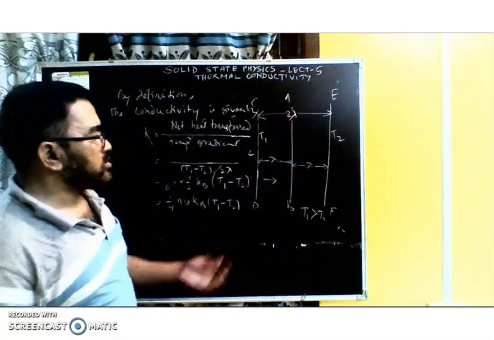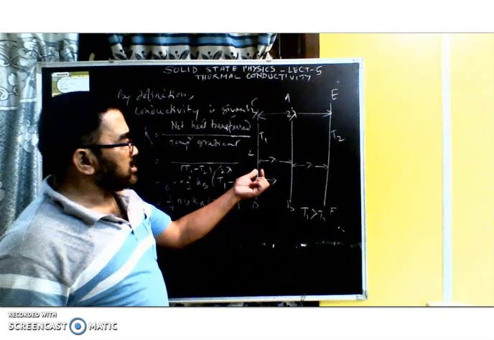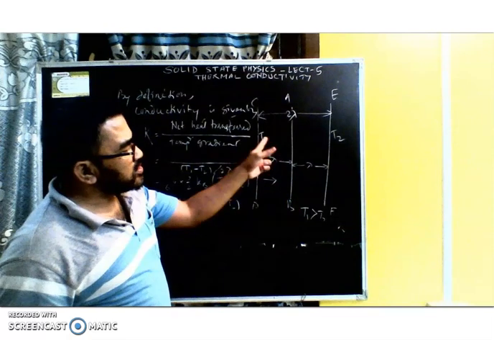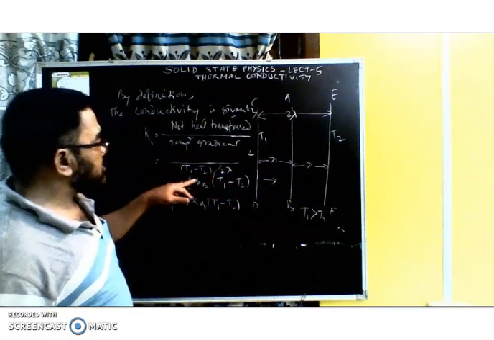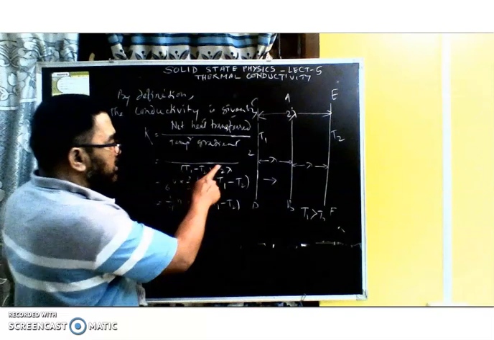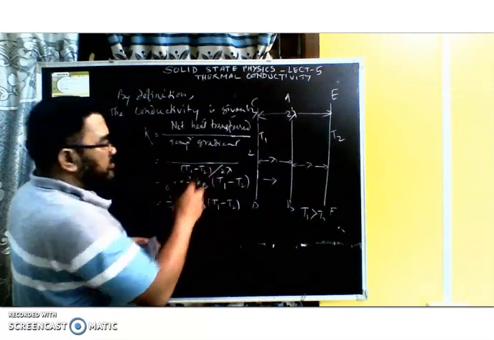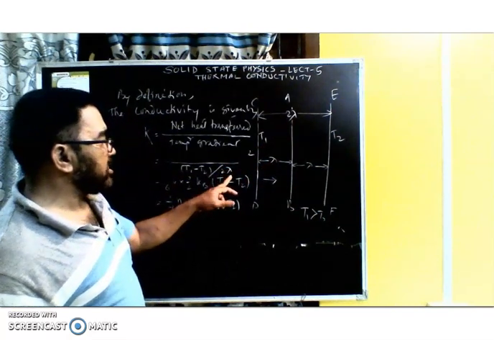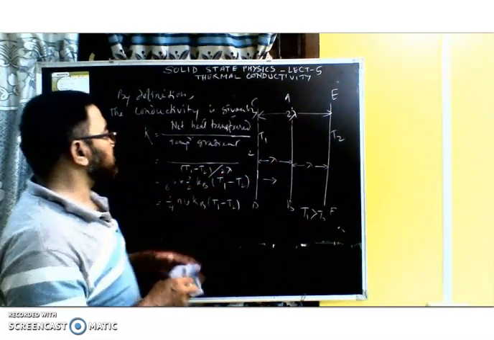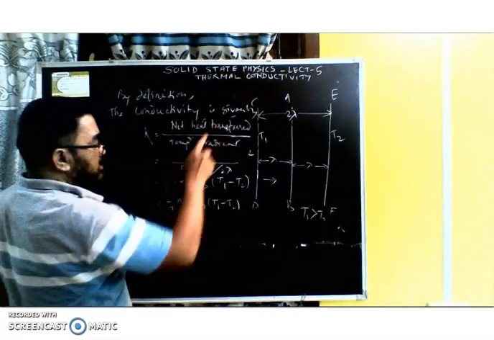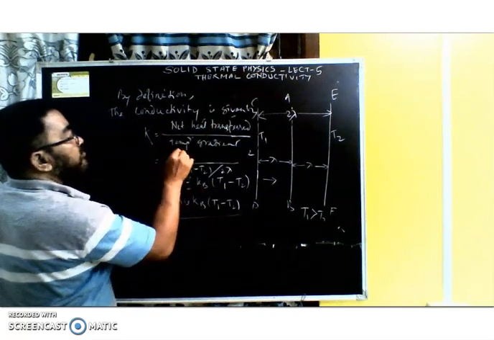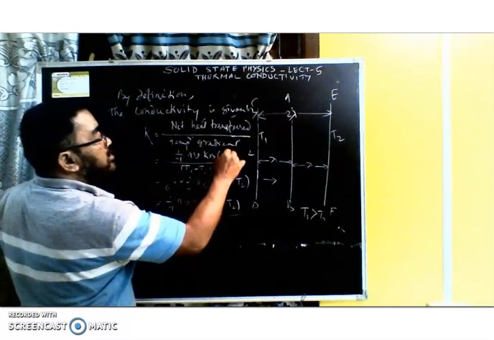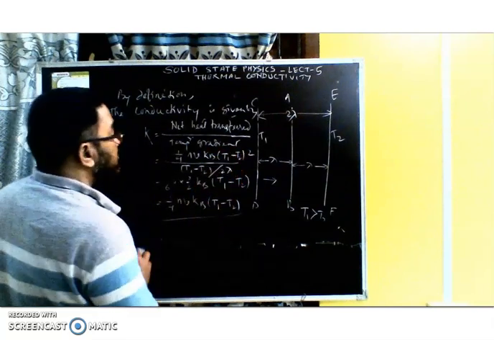So temperature gradient, that is change of temperature with respect to distance. The change of temperature is T1 minus T2 per unit distance, divided by the total distance, twice lambda. So this is called temperature gradient. Net heat transfer is this one: 1/4 n V kB (T1 minus T2), right?